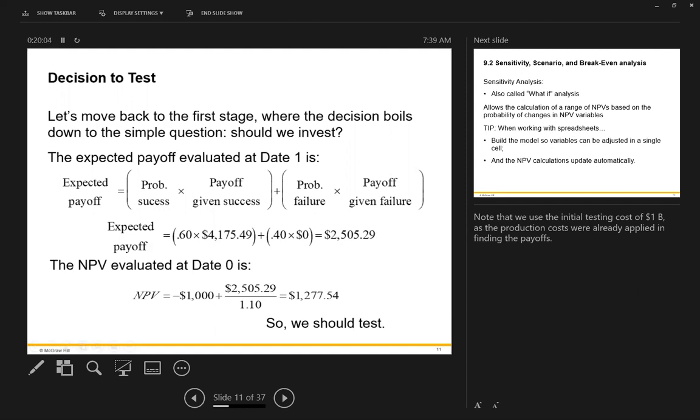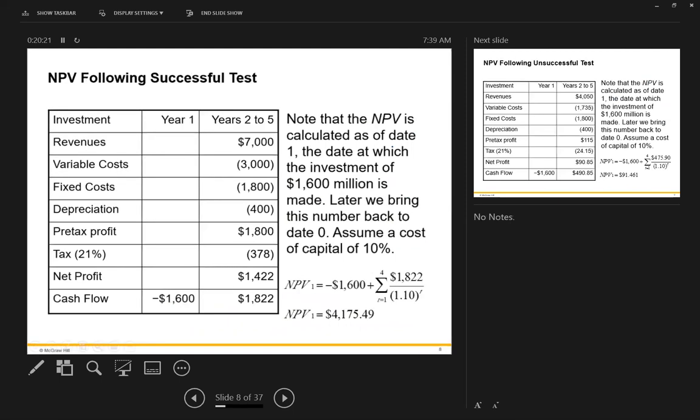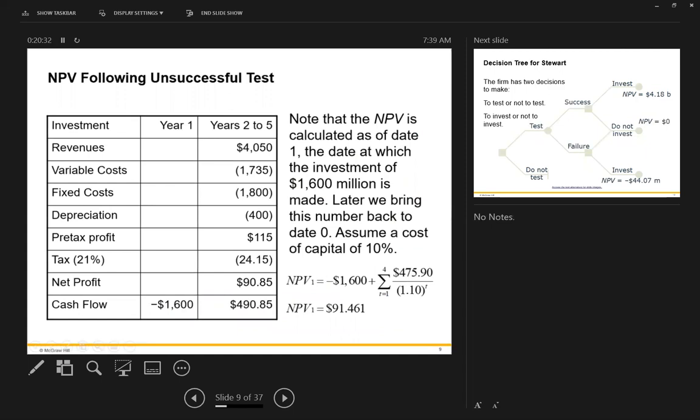So we should test. So I know this is squirrely, this is kind of weird, and we're going into higher analytics here. Okay, so one more time. We're going to, first of all, determine our net present value of the project at the end of the first year when we actually start the project. Compare it to if we're unsuccessful.